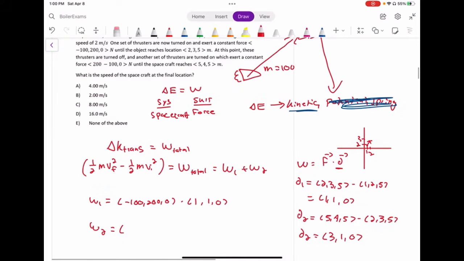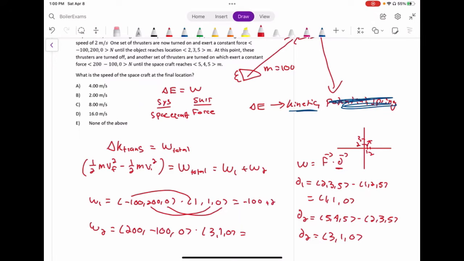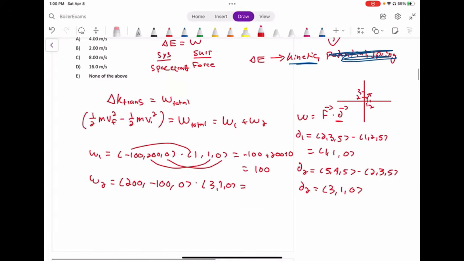The force for the second period of thrust is 200, negative 100, 0, dotted with 3, 1, 0. Okay, and we're going to take the dot product, multiply each component together, and then add them. So negative 100 times 1, plus 200 plus 0. That's going to equal 100.